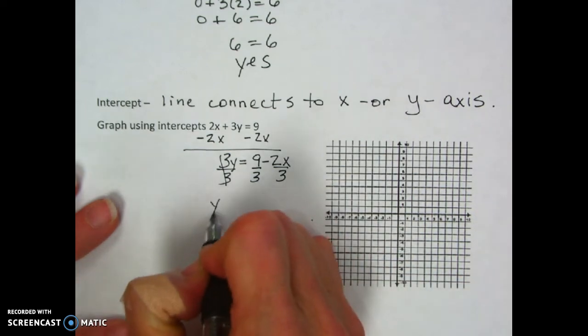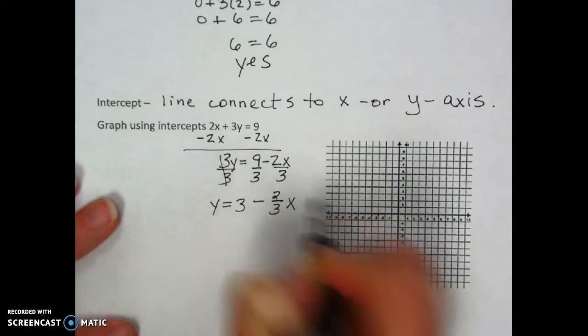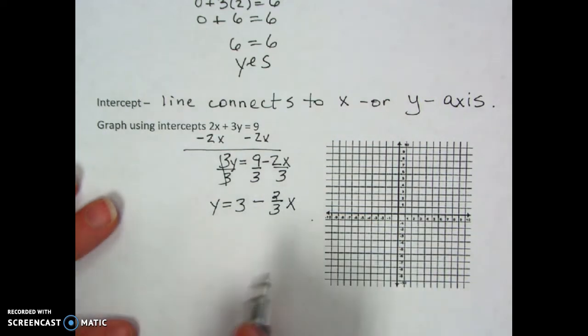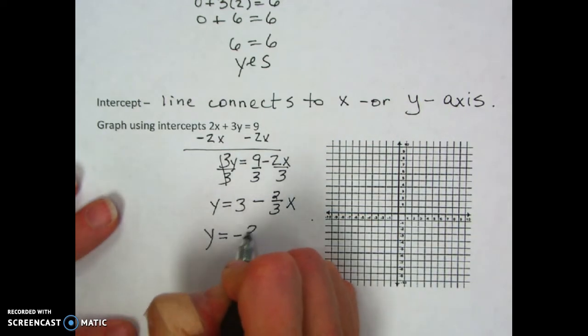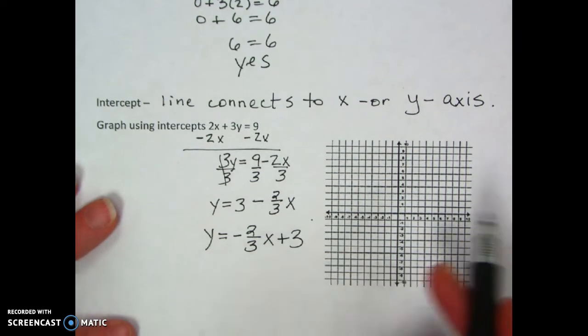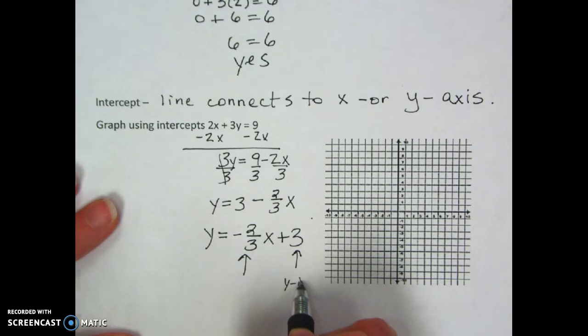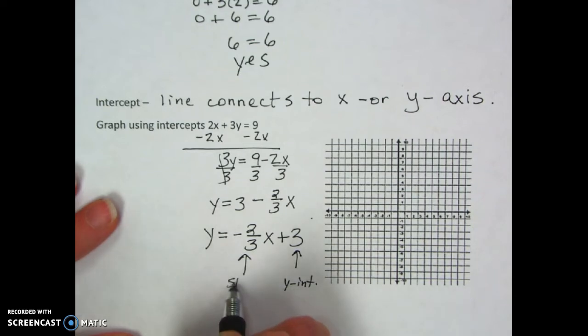When we divide by 3, we have to divide by 3 everywhere. So that leaves us with y equals 3 minus 2/3 x. Some people prefer to write this as minus 2/3 x plus 3. Either way, our y-intercept is going to be 3, and our slope is going to be negative 2/3.